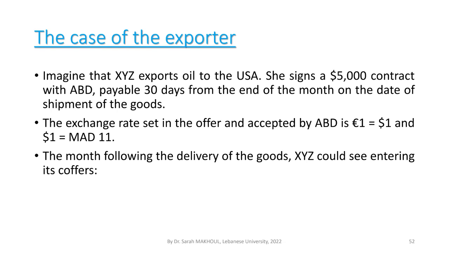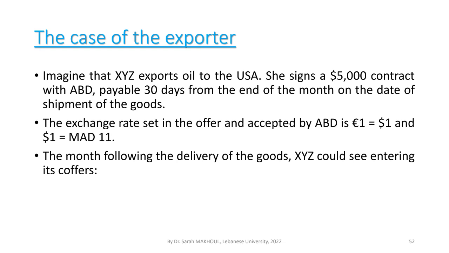She signs a contract of $5,000 with the company ABD. This contract is payable 30 days from the end of the month of the date of the shipment of the goods. So after 30 days, she will receive the payment.